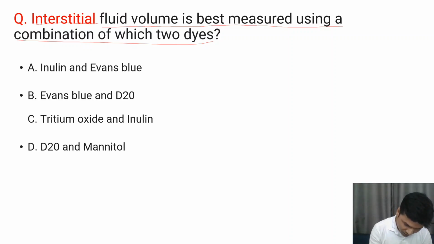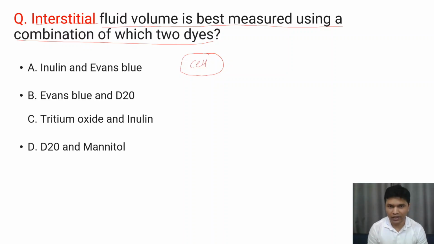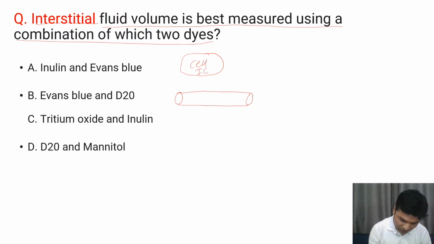Suppose this is the cell, or we can say intracellular fluid. Inside the cell is the intracellular fluid, and this is the interstitial fluid, and this is your blood vessel with the plasma.